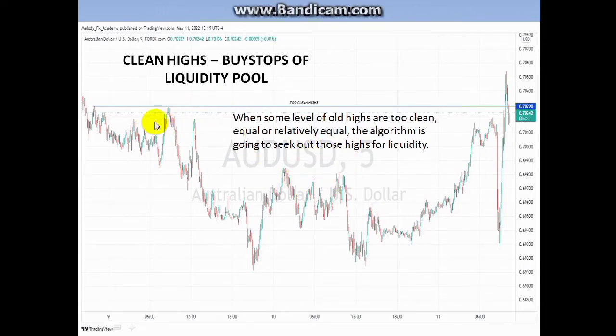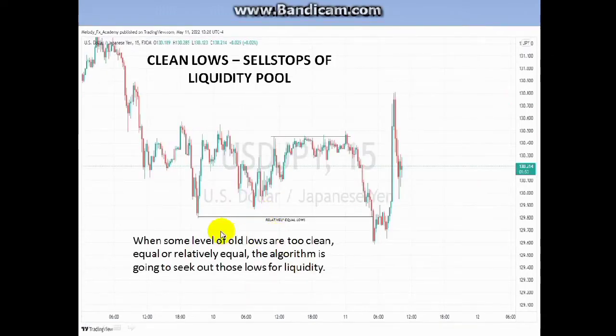And for relatively equal lows, the algorithm is going to seek liquidity resting below these old lows. That is our focus as smart money traders.